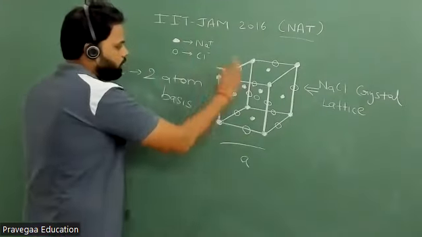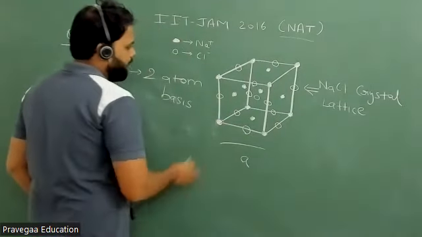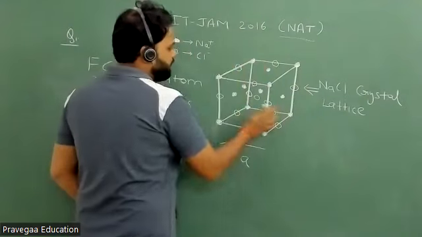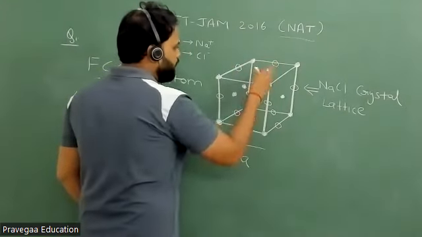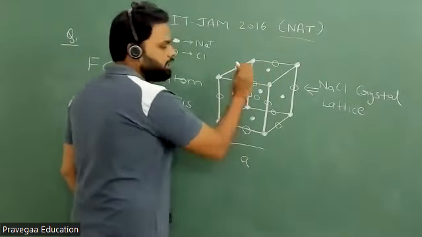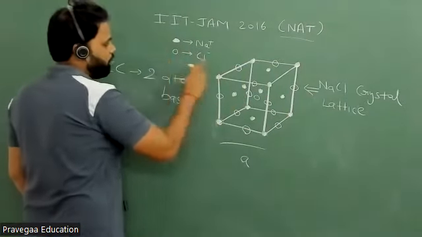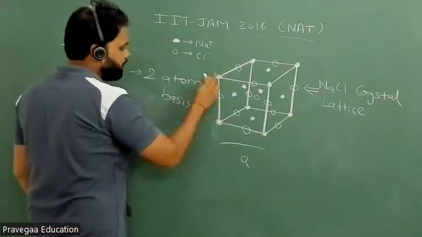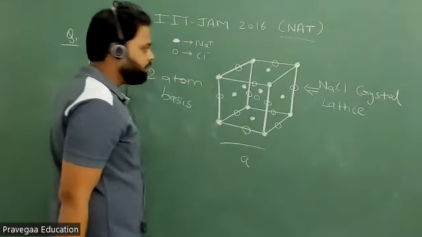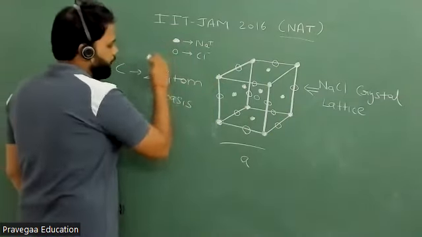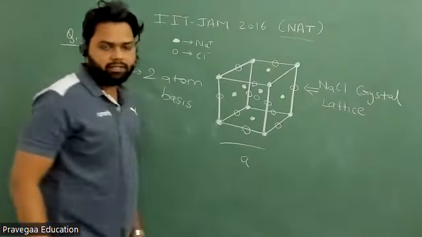So in this crystal lattice, I have placed sodium at the corners and the six faces, and chlorine ions at the edges at a distance a/2 from the sodium. The solid dot denotes the Na+ ion, and the void denotes the Cl- ion.